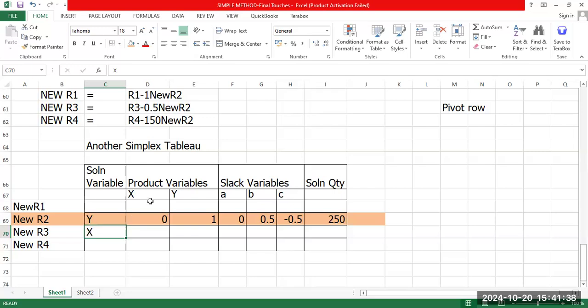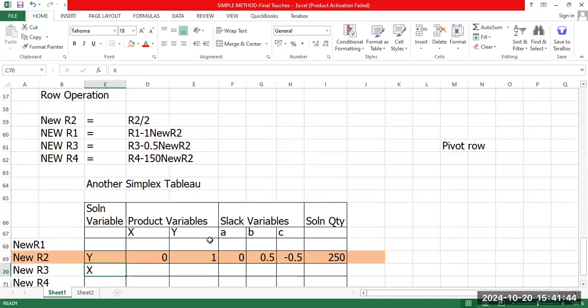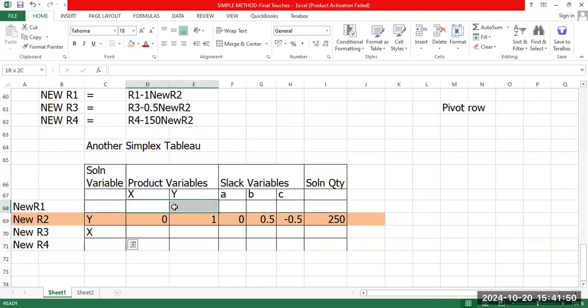But sometimes you may find that you have also Z. So if you have Z, Z has not yet appeared here. So you first wait and see, after applying the formula, where you have column for Z, is it appearing now as 1 or not? If it is appearing as 1, then you will put here Z. If it is not appearing as 1, then you will put here A. But like now, for this question, you have only X and Y. It means that automatically, by default, this will remain as A.